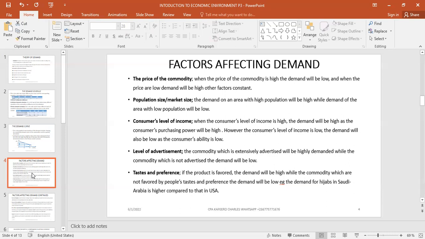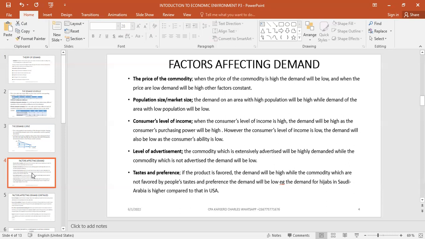The fifth one, we can talk about the tastes and preferences. Tastes and preference is how people feel or taste the items a company is providing to them. You may find that different people have different tastes on certain items.